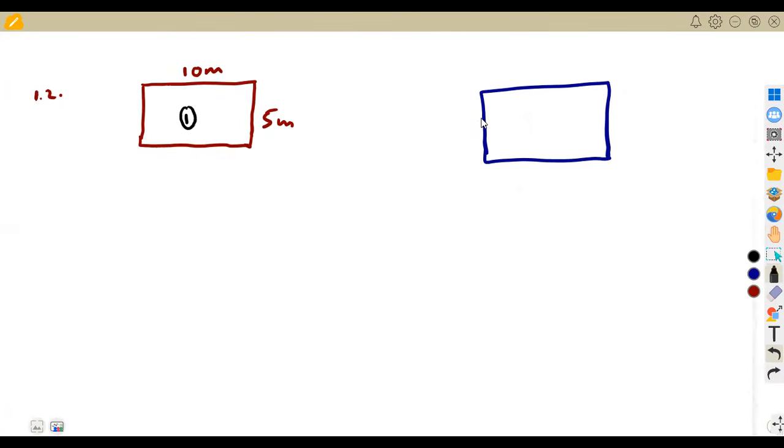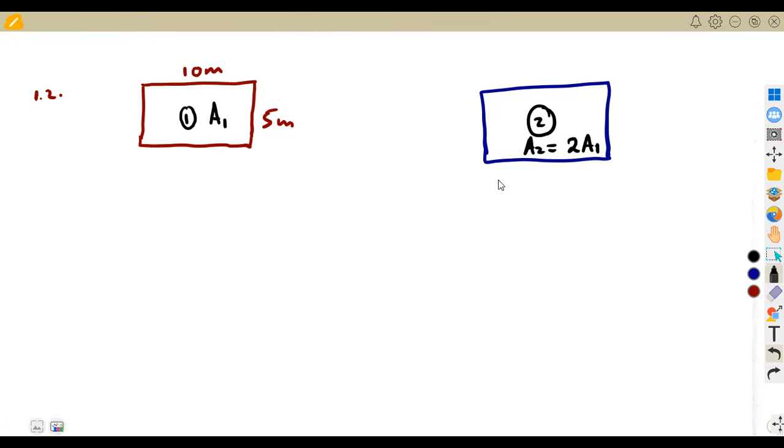This is our first rectangle, this is the second rectangle. If you calculate your first area, let's say this is area 1, then area 2 is equal to 2 times area 1. We are doubling the area, twice the area that you had from the first one.